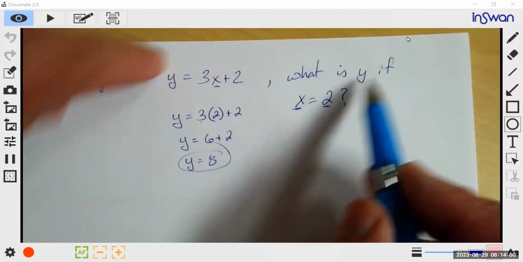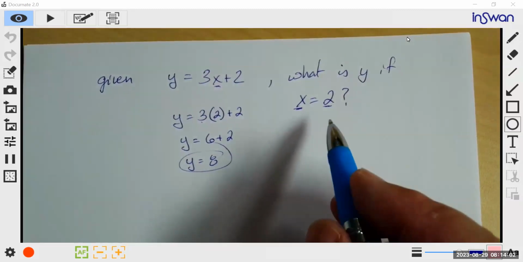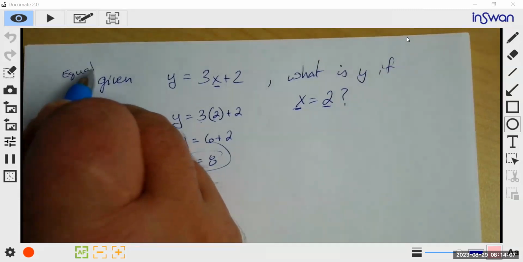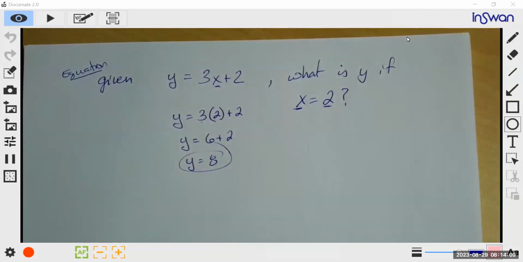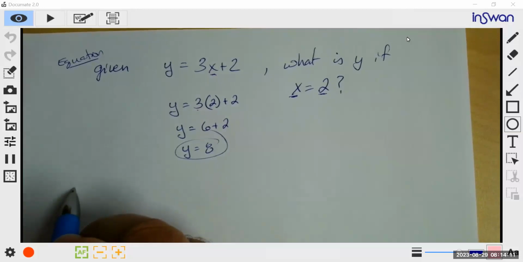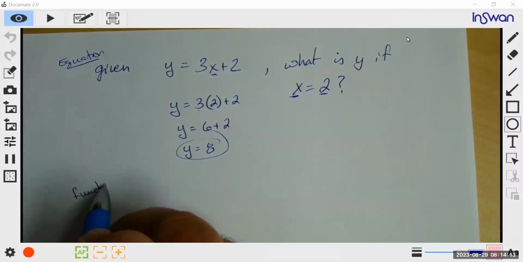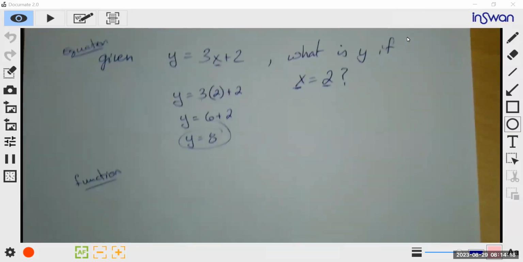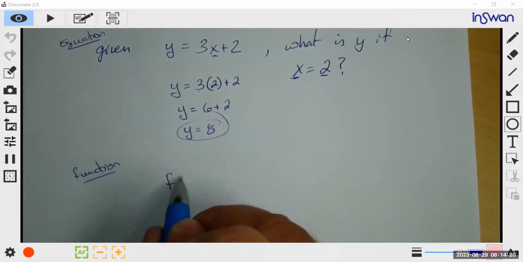The problem is all this stuff writing up here. This is an example of an equation. The way you do it for a function is this way.